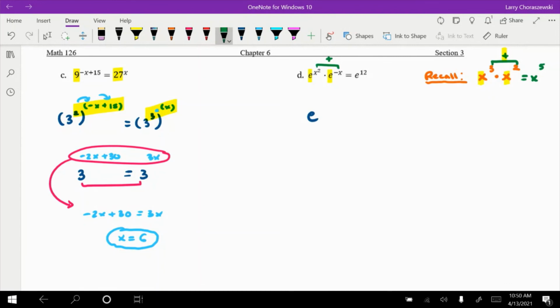That will end up giving us e to the power of x squared minus x equaling e to the 12th. Make sense? If so, we have equal bases, which means that we can set the exponents equal.